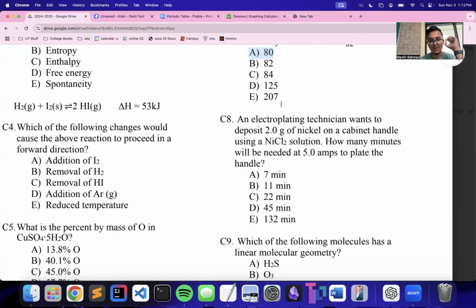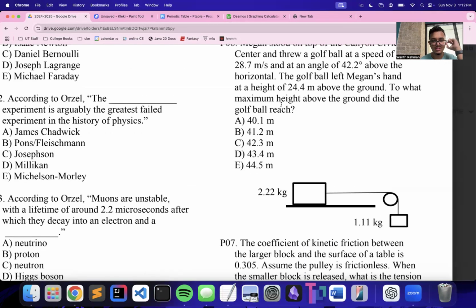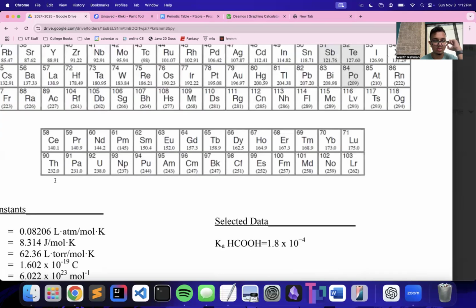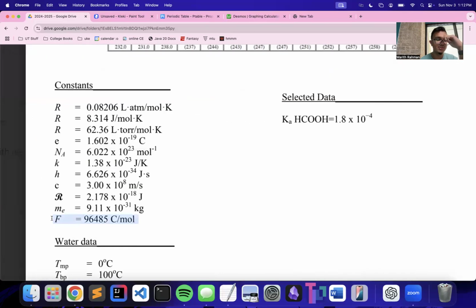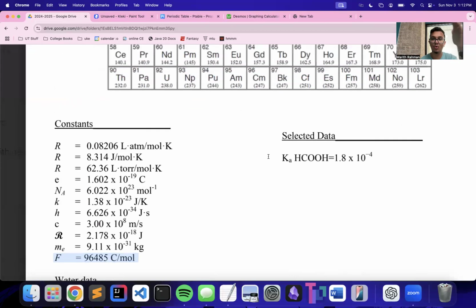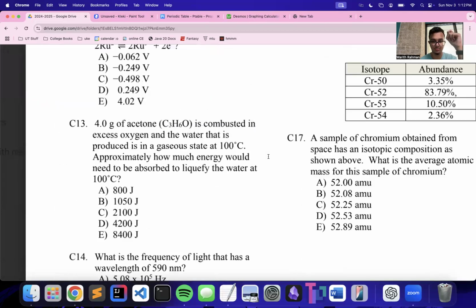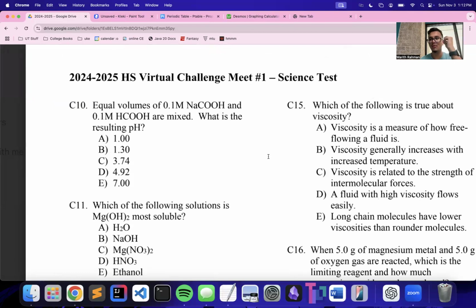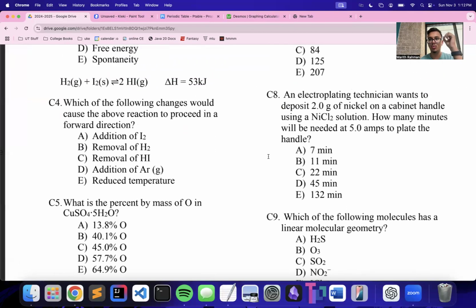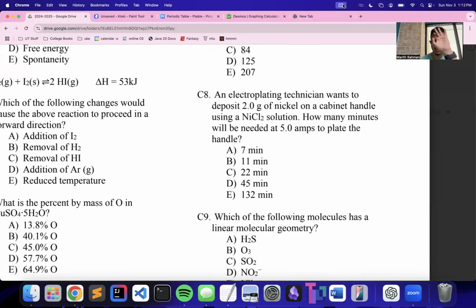Now, using Faraday's constant, which should be listed somewhere. Oh, right here. Faraday's constant states that every mole of electrons has a total charge of 96,485 coulombs. And you can honestly derive this on the spot if you didn't know it, using Avogadro's constant and 1.602 times 10 to the negative 19 coulombs per electron.